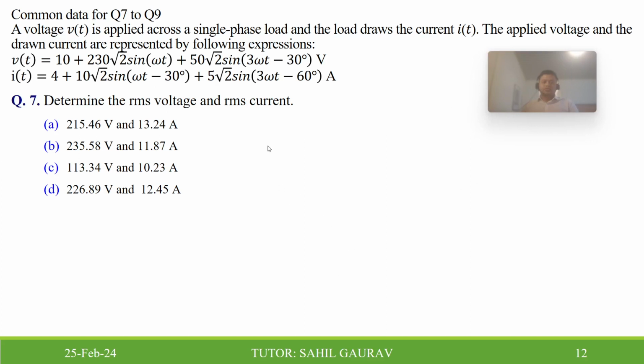So for this type of problem, we have to take the square root of all the RMS values. The first component is the DC value. For the DC value, the RMS is the same as the average value. So we take the square of the DC value, then the fundamental component, whose RMS value is 230.